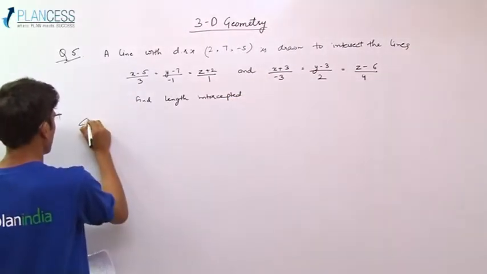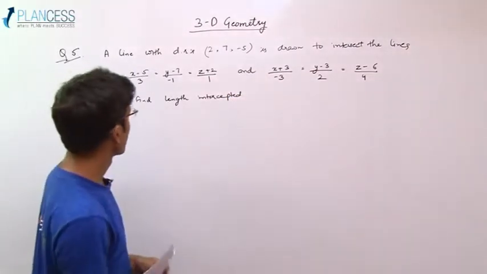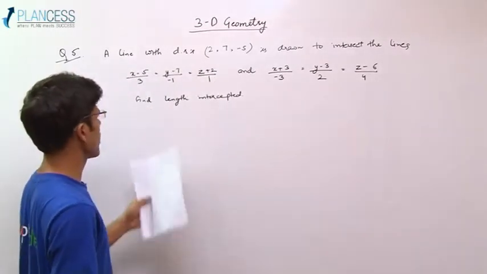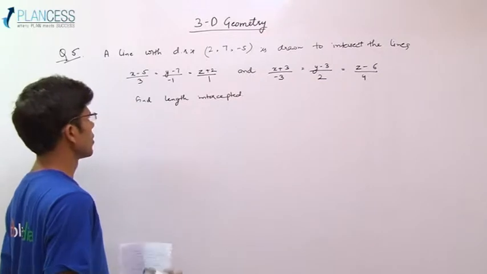So a line with direction ratios 2, 7, minus 5 is drawn to intersect these two lines. We have to find the length intercepted.